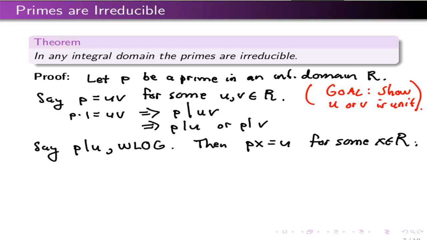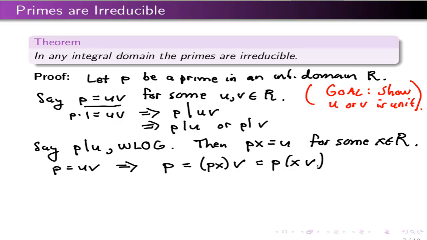And then coming back to this relationship right here, P equals UV, that would imply by substitution, so U is Px, that P is P times xv.